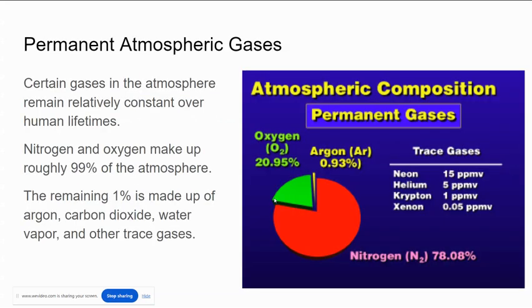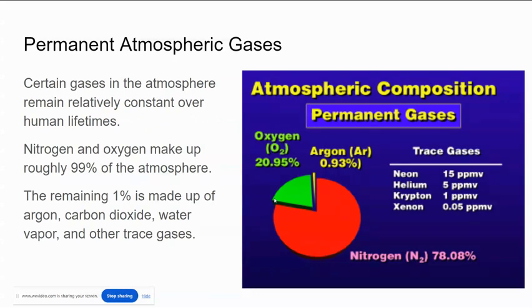Now, Earth has some atmospheric gases that remain over long periods of time at the same percentage. And we call those permanent atmospheric gases. For example, nitrogen: if you breathe in a breath, 78% of every breath you take is nitrogen, and about 21% is oxygen.